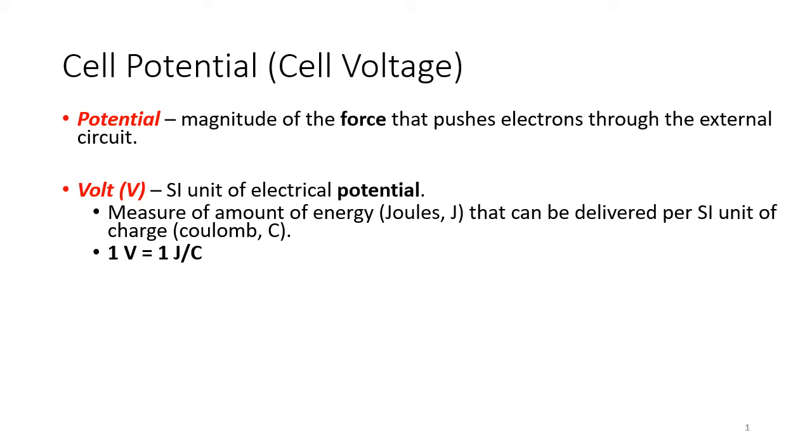So what that means is a current flowing under a potential of 1 volt can deliver 1 joule of energy per coulomb.